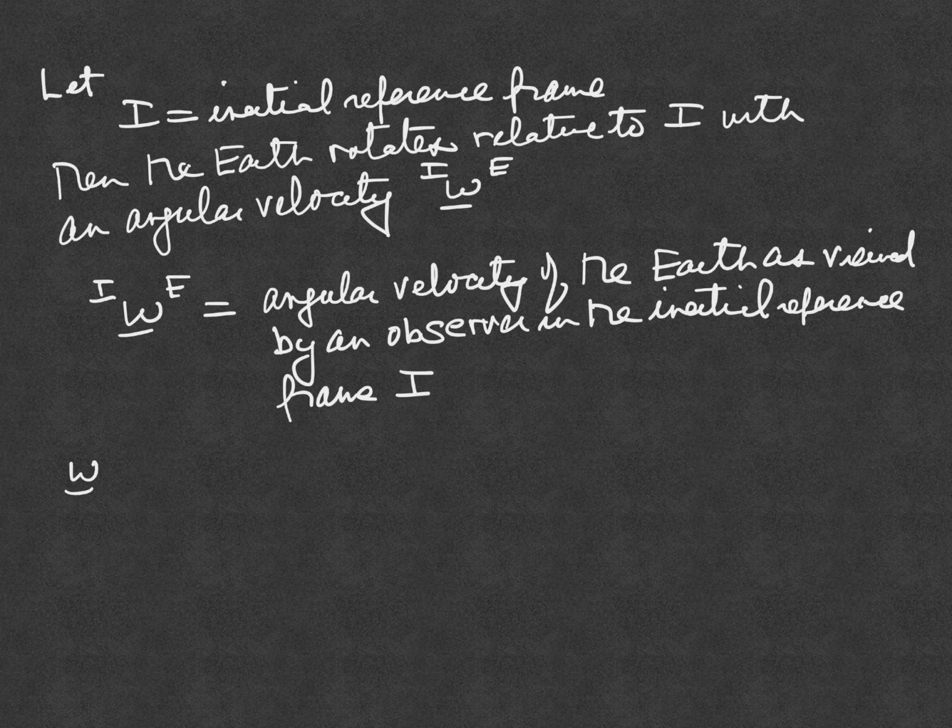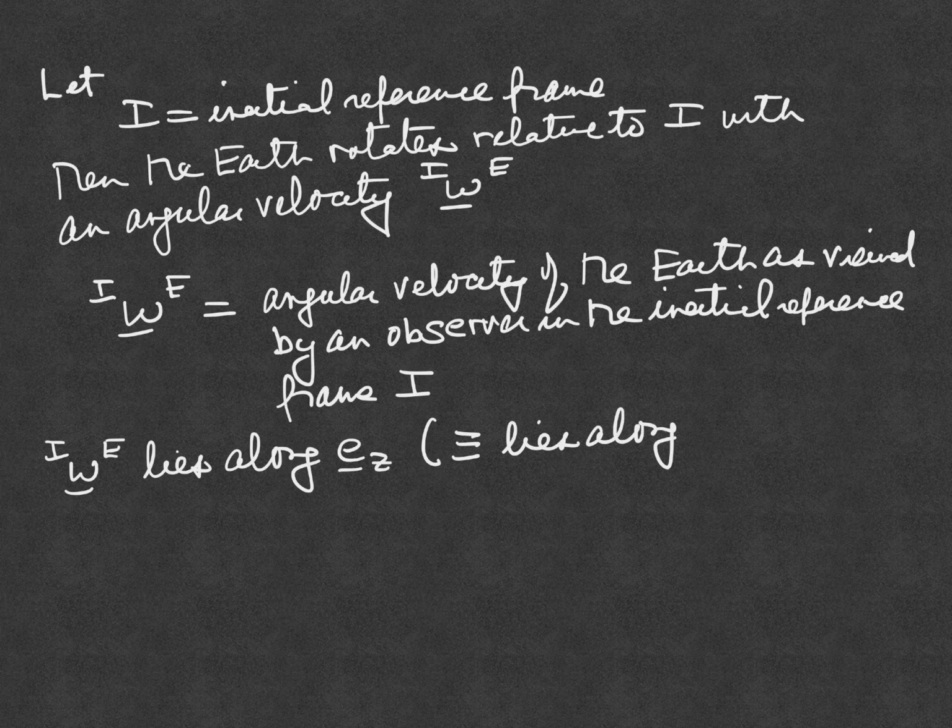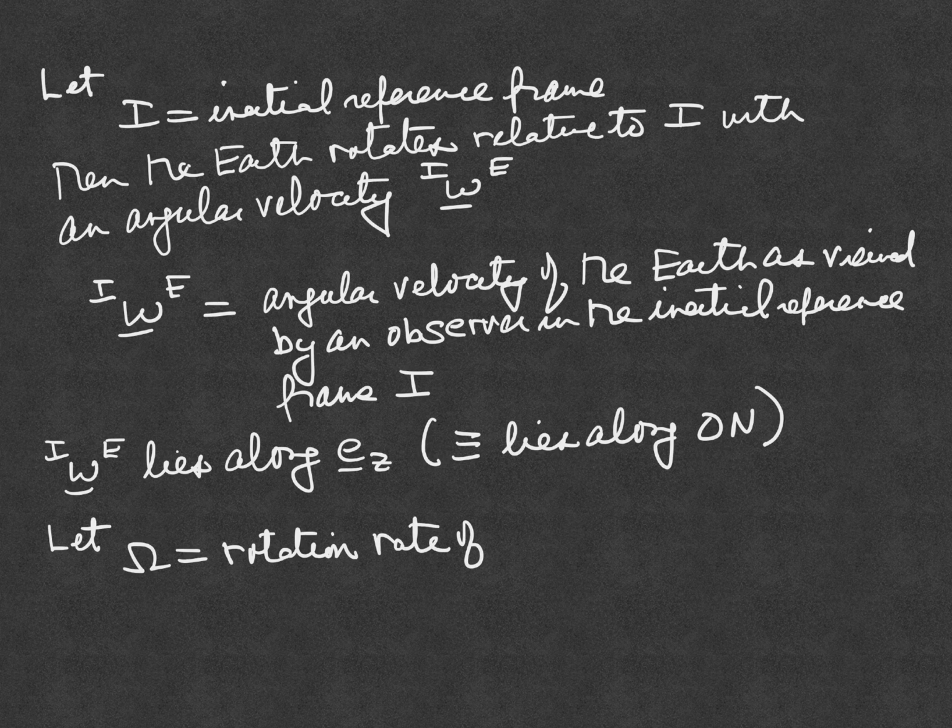So omega EI lies along EZ, which is equivalent to saying it lies along ON. Now, given that, we're going to define the rate. Let omega be the rotation rate of the Earth, and again, it's relative to the inertial reference frame.